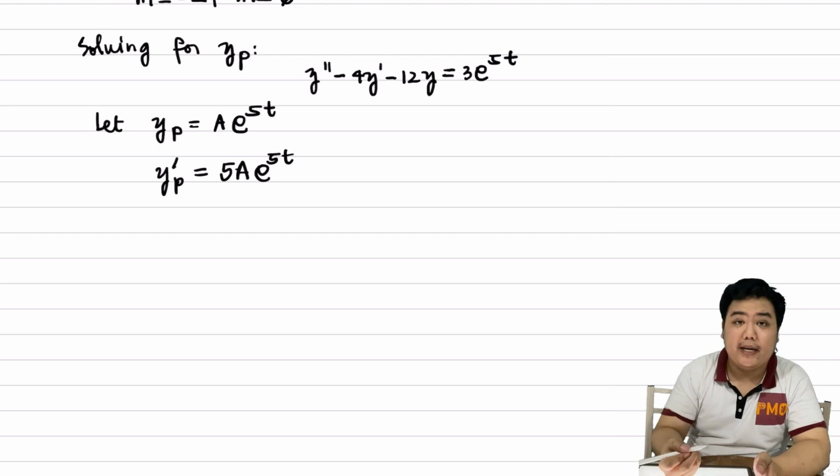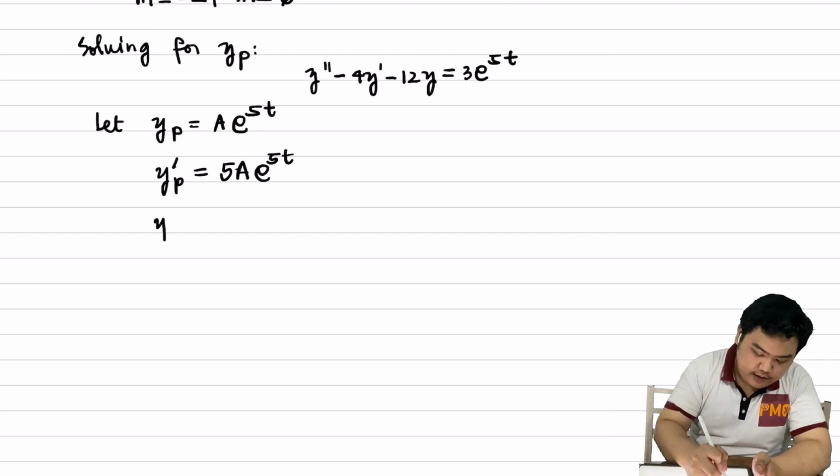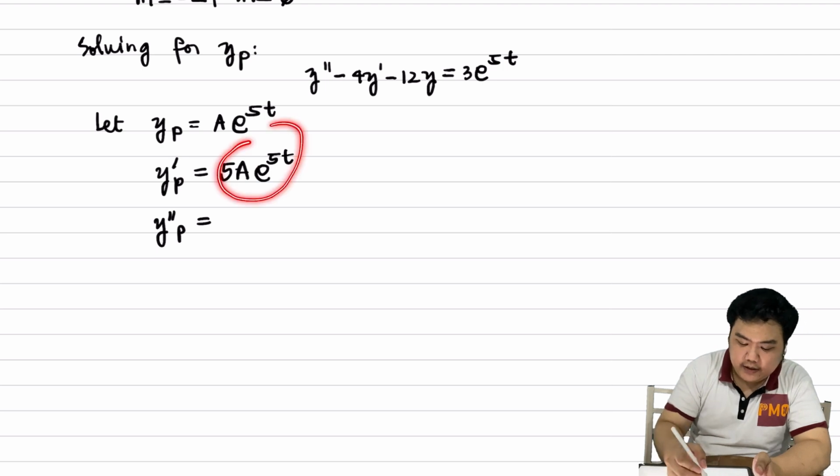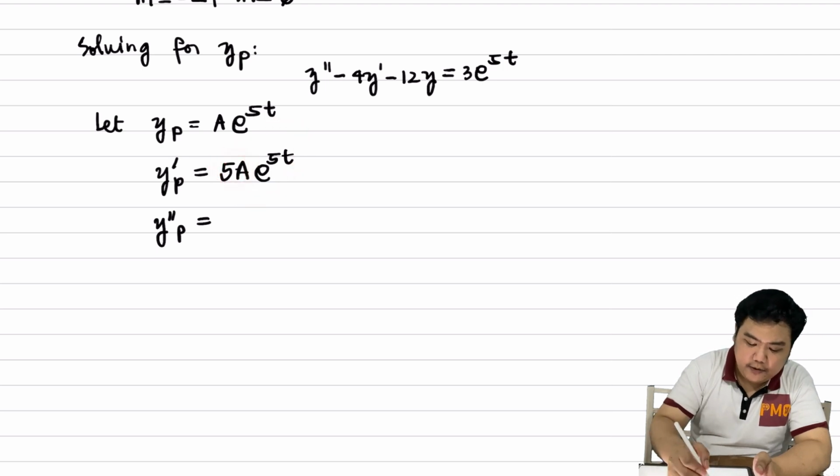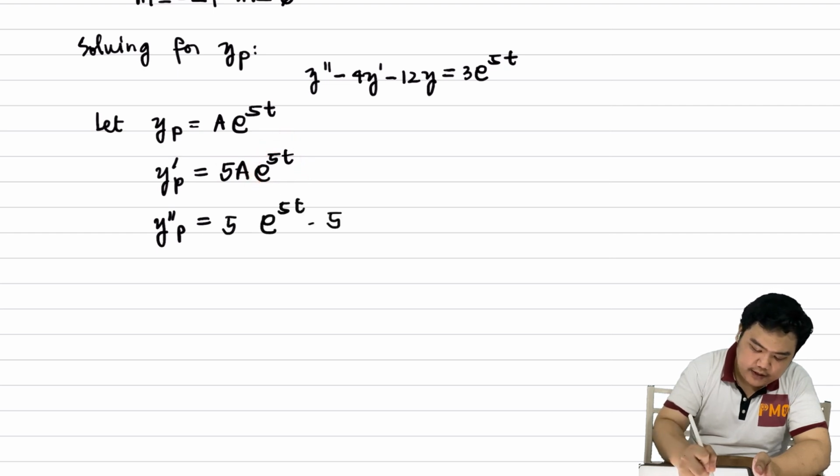So, that is y prime of p. And y double prime of p is the derivative of the derivative. So, ito, constant lang ito. Derivative nito is e raised to 5t times 5, no? Tapos may 5a ka doon. But 5 times 5 is 25.